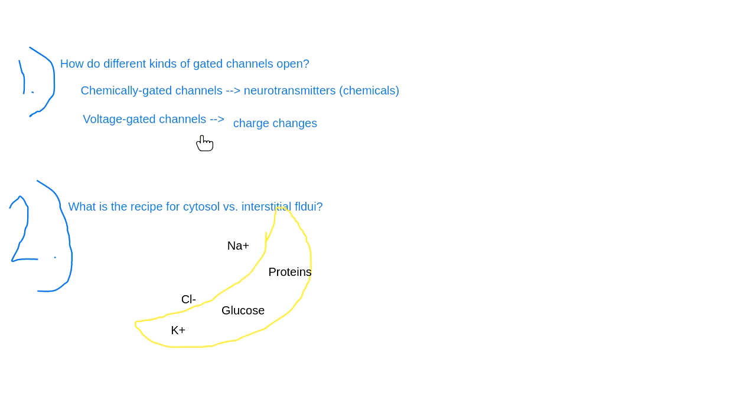Then we'll add our next area here. We need to know what happens in facilitated diffusion, because these gated channels are doing facilitated diffusion. So for facilitated diffusion, we'll put our notes that we've already said before.